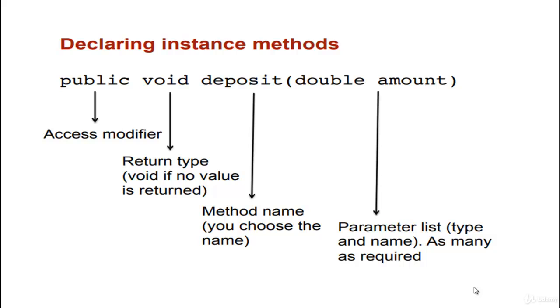Deposit is the method name that we choose. So we have the chance to choose the name. And amount is the parameter list, type and name. Type is double, the name is amount. We can have many as required.